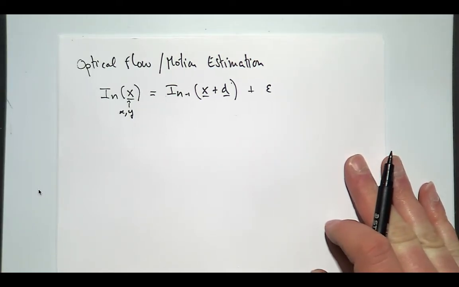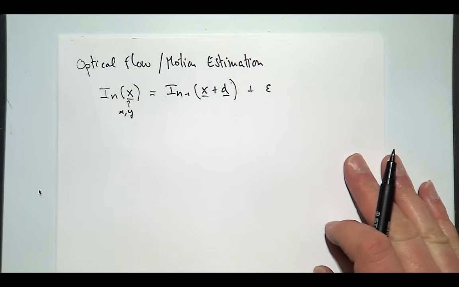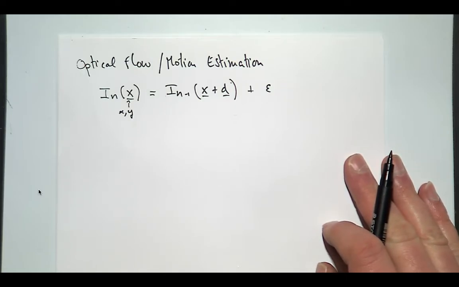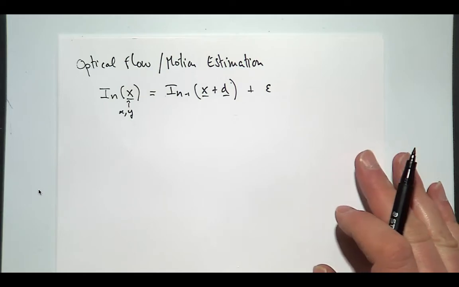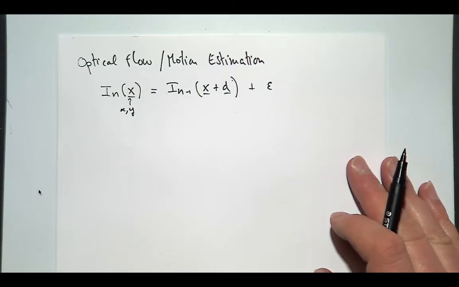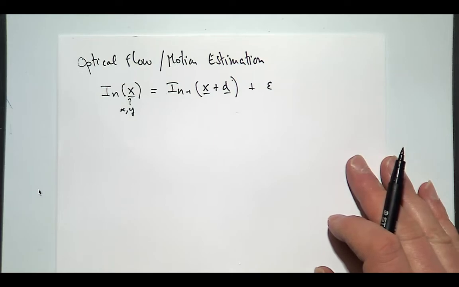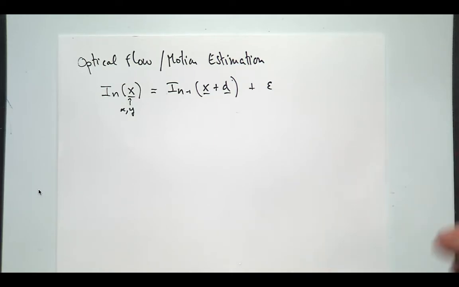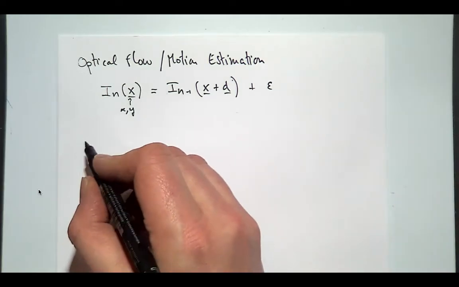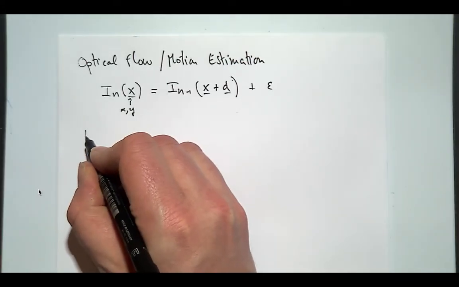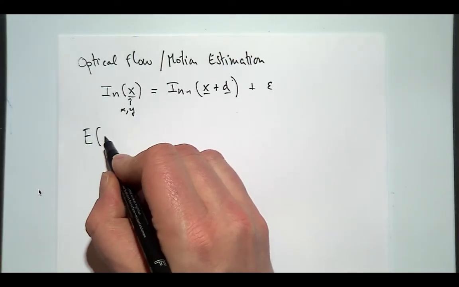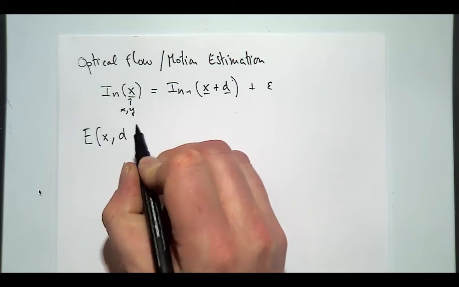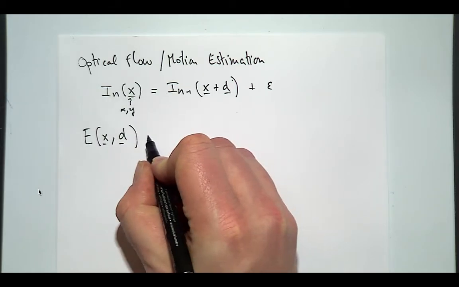But when you do block matching, you assume that within some region the displacement is constant. If we look at that in terms of what we're trying to minimize, in terms of the loss function, you would have a term like this: a function of the position and the displacements.